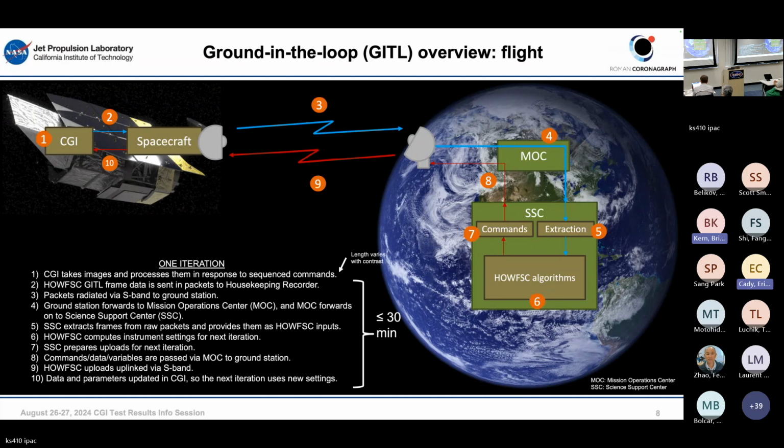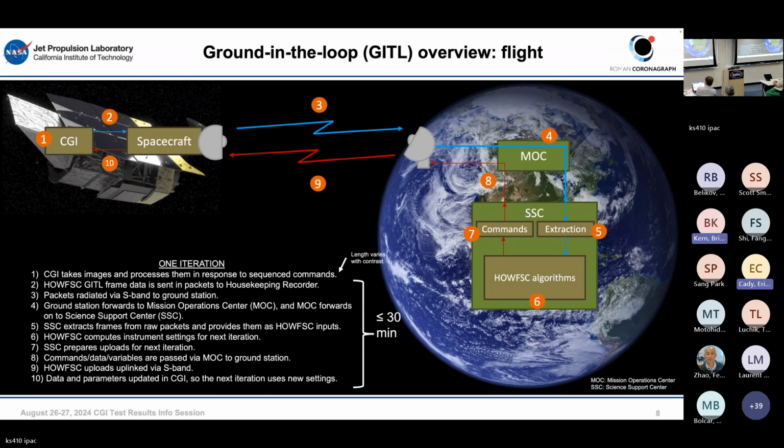They're relayed to the Mission Ops Center, the MOC forwards on to the Science Support Center. That's SSC, where you all are sitting right now. SSC will take the raw packets and turn them into the inputs to HOFUS. Then there's a JPL piece of the ground system, the CTC, that delivered a sort of black box HOFUS. Inputs come in, those images and the other data packets that were sent down, and DM settings and camera settings for the next iteration come out.